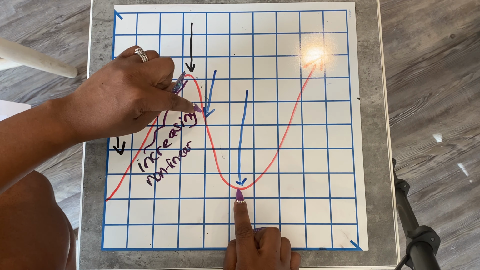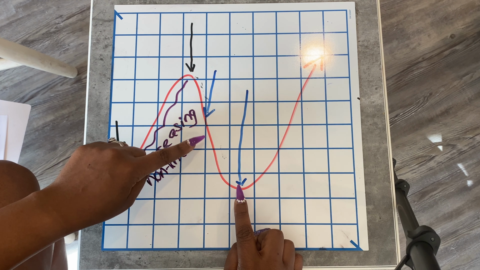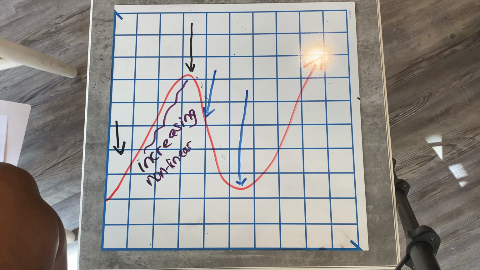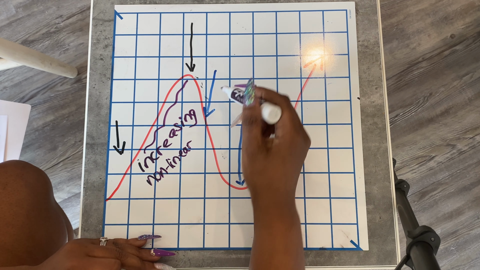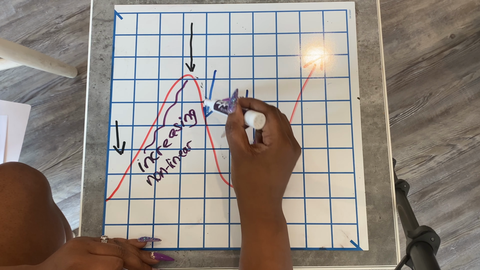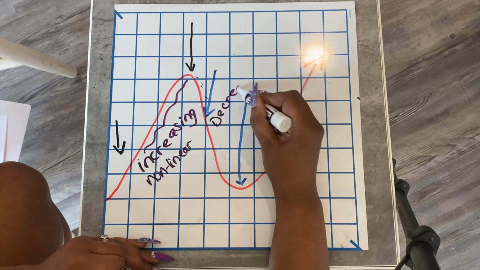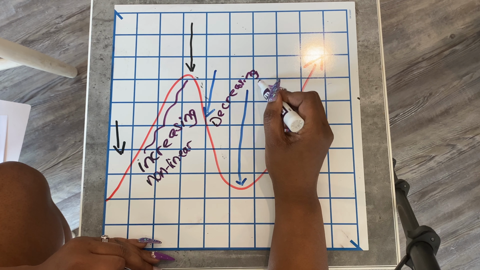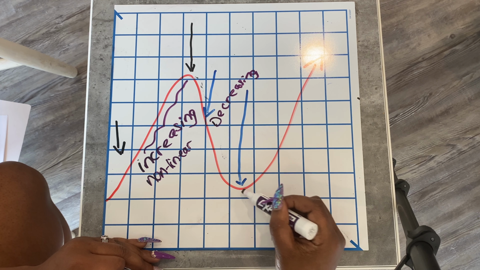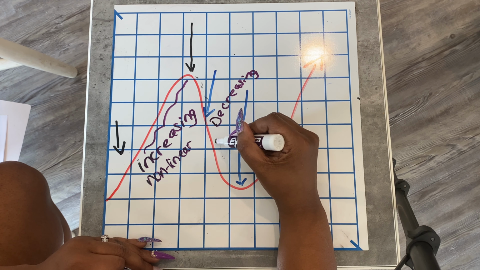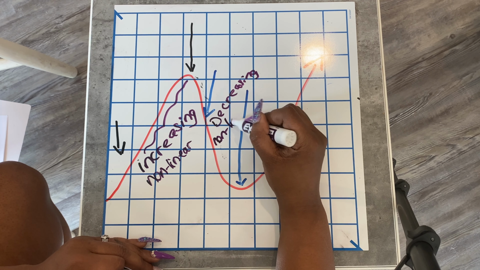So between these two spaces, I want to know what's going on between here and here. Well, what's actually going on in the middle right here is we're going down. So we are actually decreasing on this part of the graph. And we are still dealing with a bit of a curve, so we cannot say it's linear. So it has to be nonlinear.